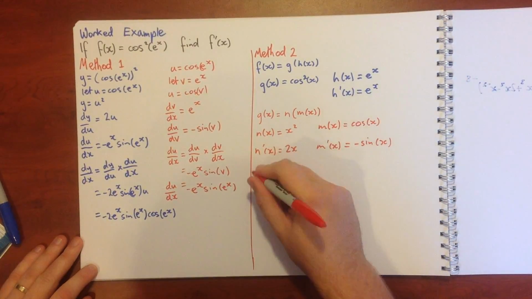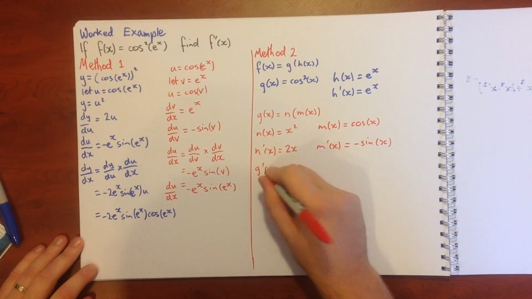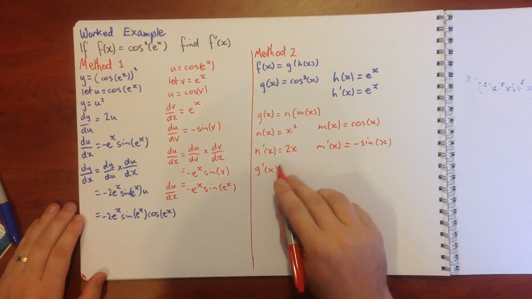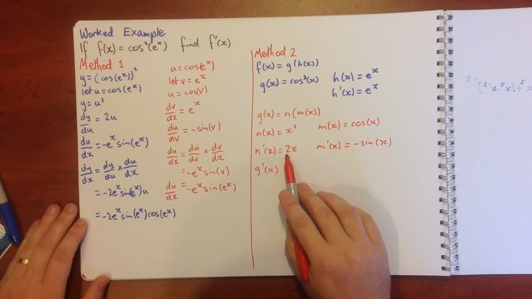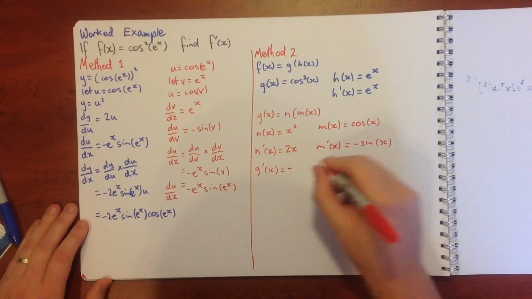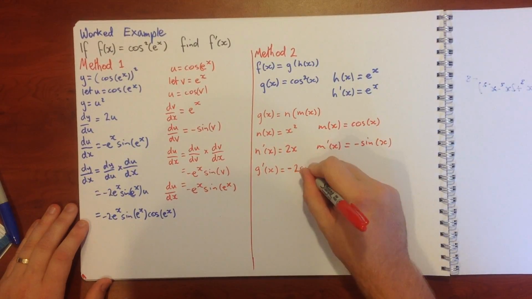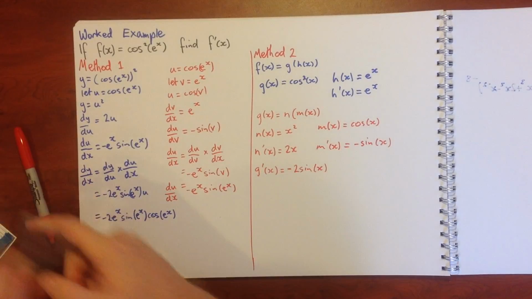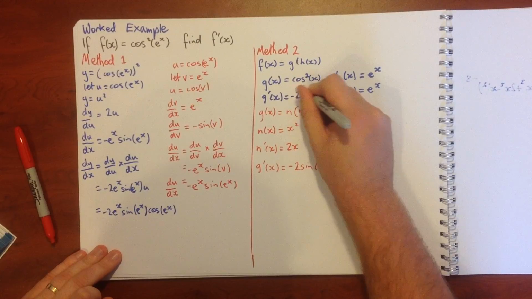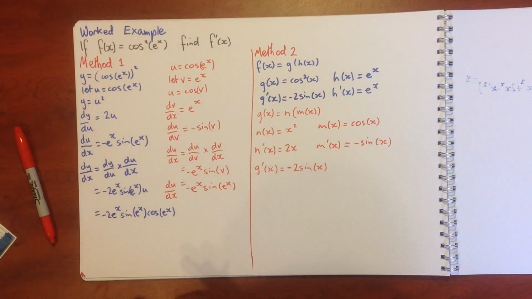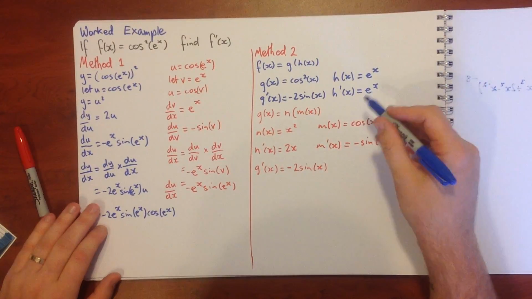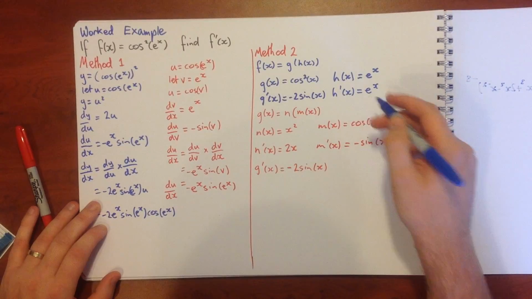So that means that our g dash of x, we've got to bring these together, is negative 2 sine of x cos of x. Then we can bring everything together again for our function. We need our h dash of x out the front.